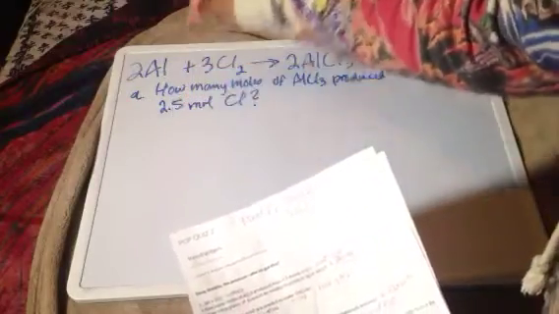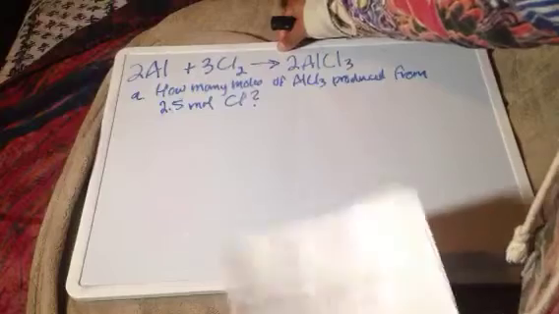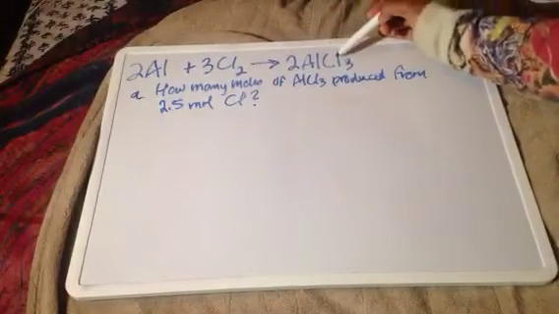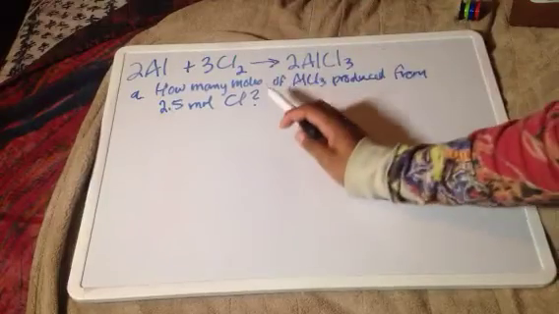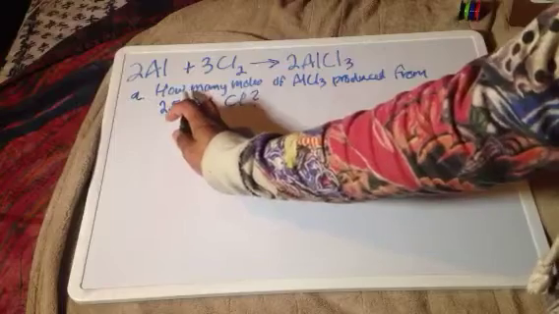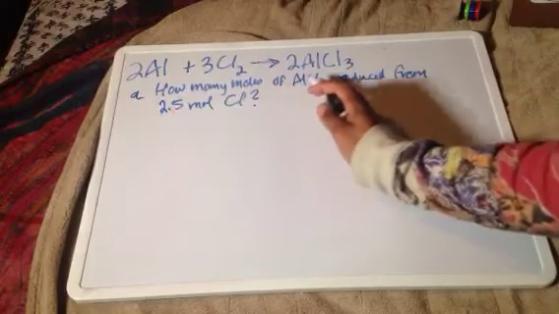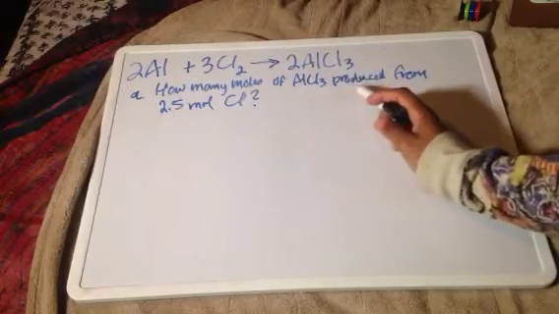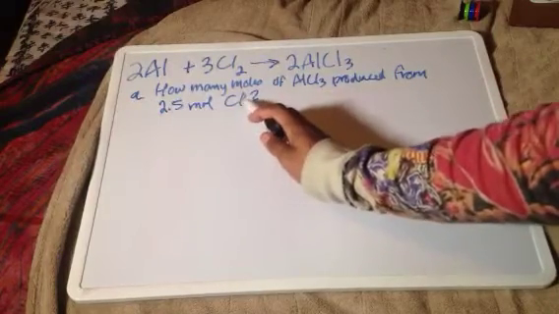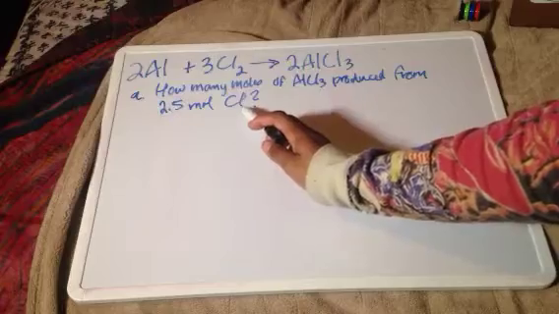And so we automatically know that we're going to be getting information from this chemical equation to provide an answer to our problem. And we see here that it's asking how many moles of aluminum chloride is produced from 2.5 moles of chloride. Okay?